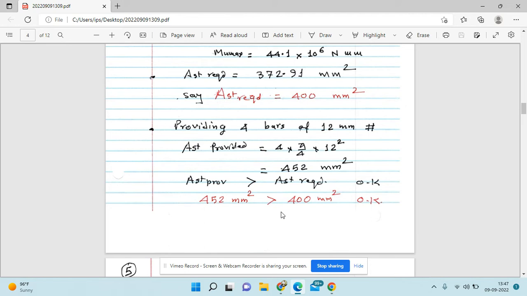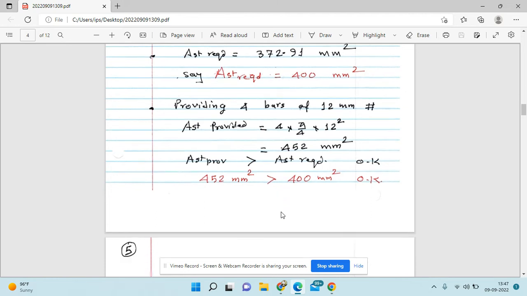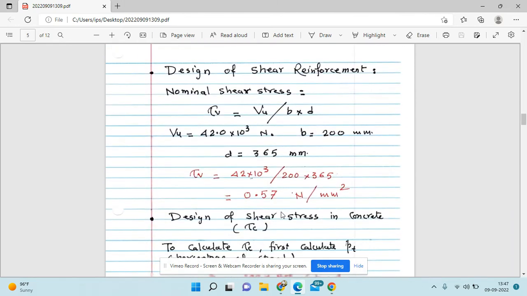As usual, the provided steel should be more than the required one. So we can say yes, our design is safe for the reinforcement also.